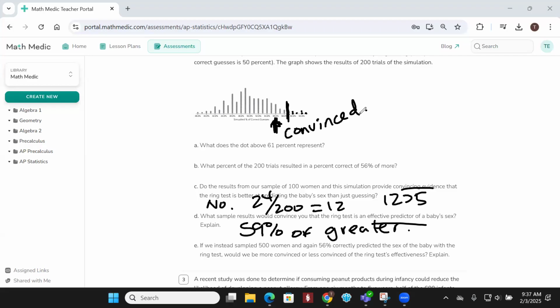All right. Letter E, if we instead sampled 500 women and again 56% correctly predicted the sex of the baby with the ring test, would we be more convinced or less convinced of its effectiveness? More. Why?